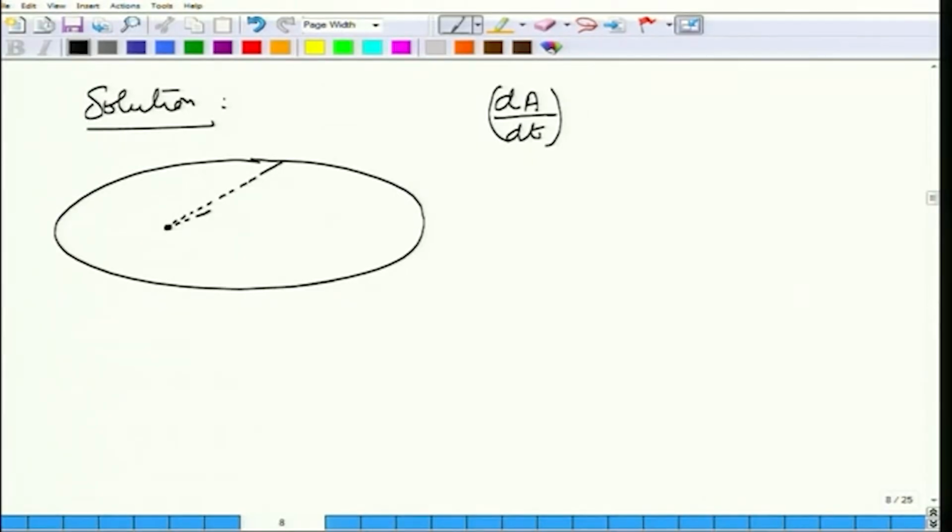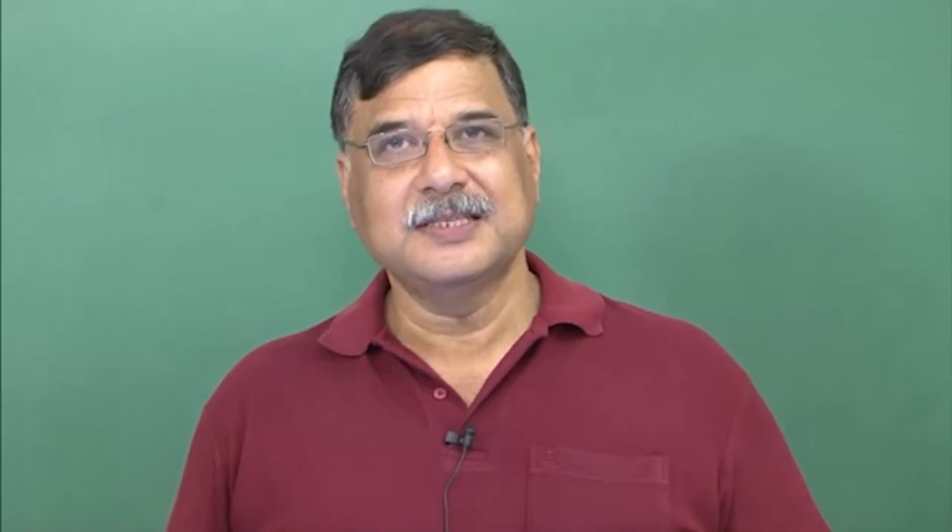That means at some instant a planet moves, say, from position 1 to position 2, it sweeps some area in a certain unit time. Suppose it sweeps this area shown by the shaded black region, and in some other time it goes from position 3 to position 4 in unit time and covers this much area. These two areas covered per unit time are going to be the same. That's Kepler's second law. And let us express this in planar polar coordinates.